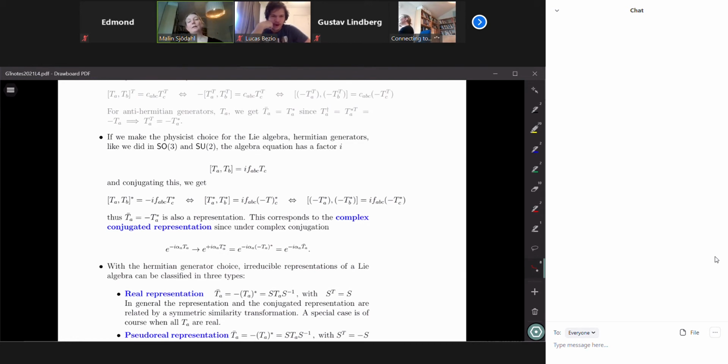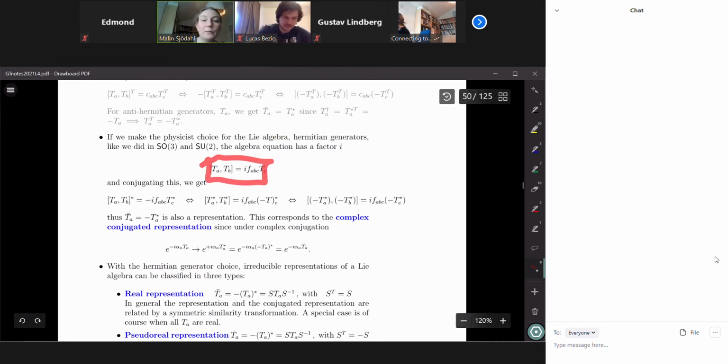Before going there, we note that if we have a particular Lie algebra and some commutator relation, such as TA commuted with TB is i times the structure constant fABC TC.